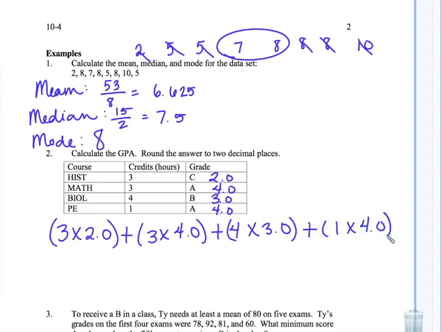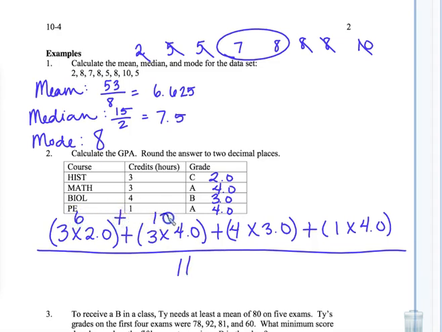But because I am calculating a GPA, it's basically like an average. What I have to do is I still have to do that division by how many credits there are. So when I add my credits, 3 and 3 is 6, plus 4 is 10, plus 1 is 11. So I do need to divide that by 11. All right, 3 times 2 is 6, plus 12, plus 12, plus 4.